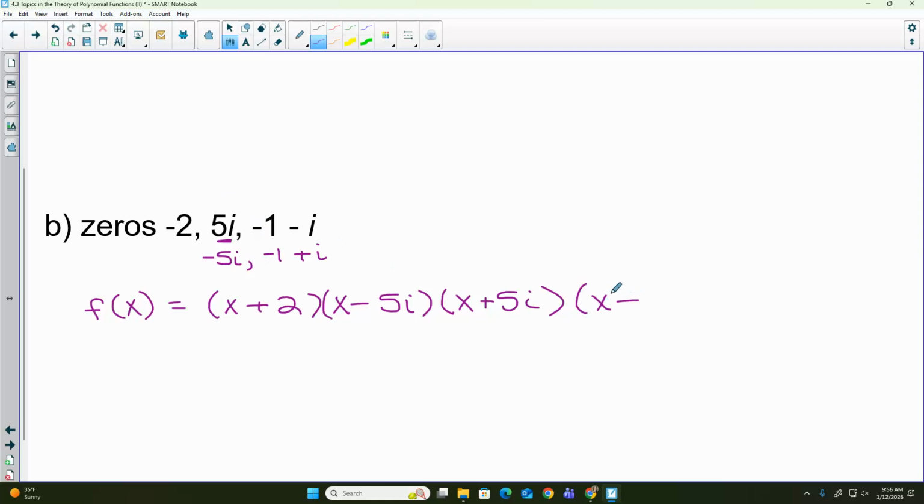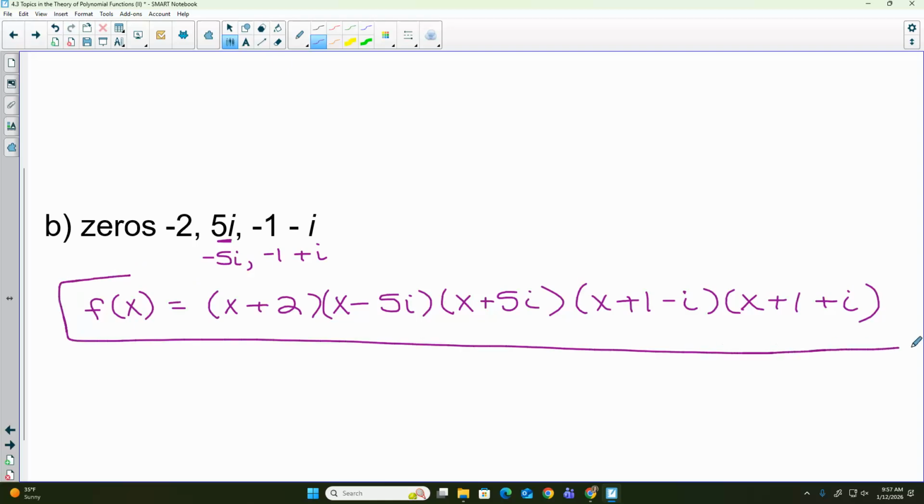Except since it's already a -1, it'll have to be +1. So that's the opposite. So when I plug this in, it equals 0. Again, order doesn't matter. We just need all this.